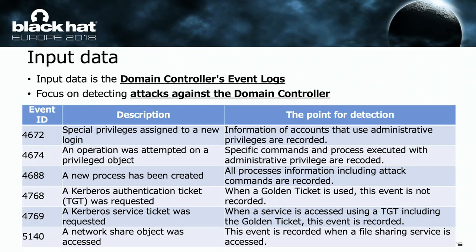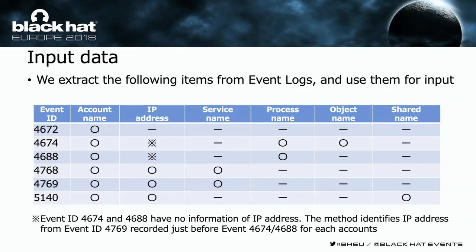The reason we focused on the domain controller's event log is that attackers tend to access the domain controller in order to create a golden ticket. There are a lot of event IDs, but we only use specific events in which attackers' activities with a golden ticket are recorded. So we extract these following data items and use them as input.